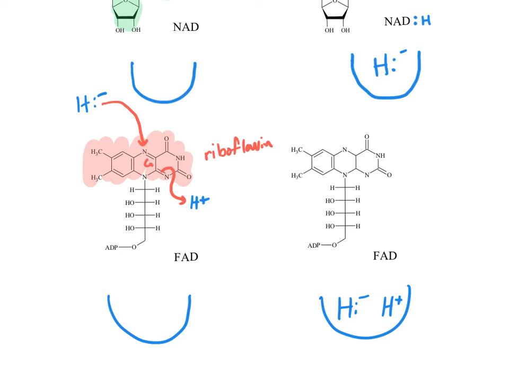If we are going to draw what we end up with over here, we end up with a slightly different version of the riboflavin. That is the full basket, and we would call that FAD dot dot H2. Your books call this FADH2. I like to put in the dots because it's all about those electrons.